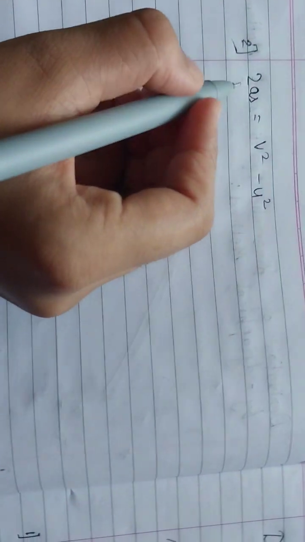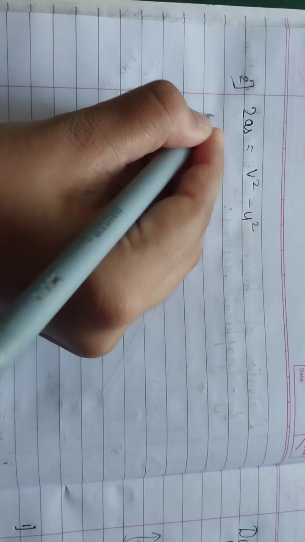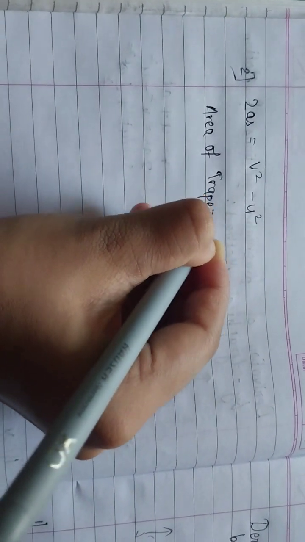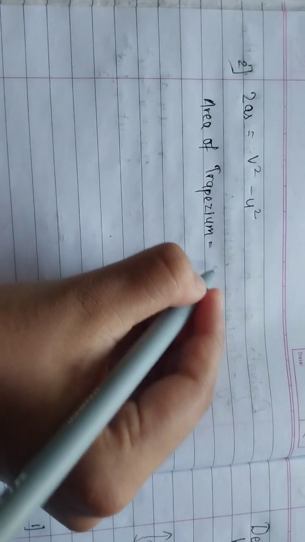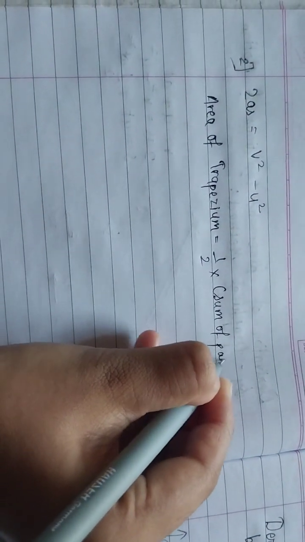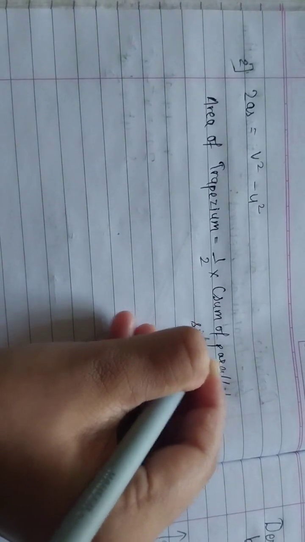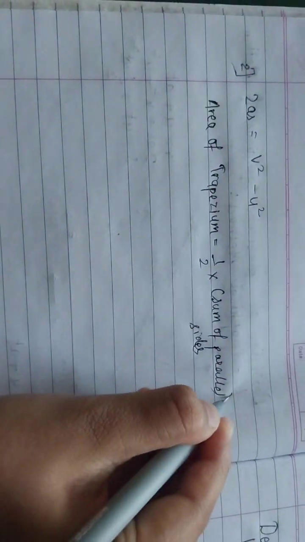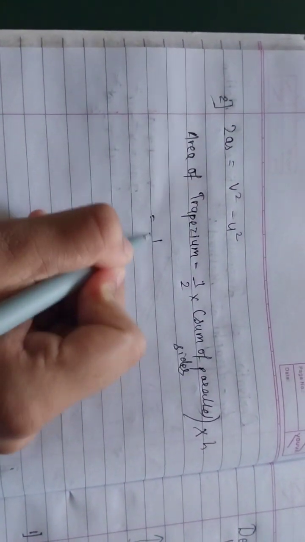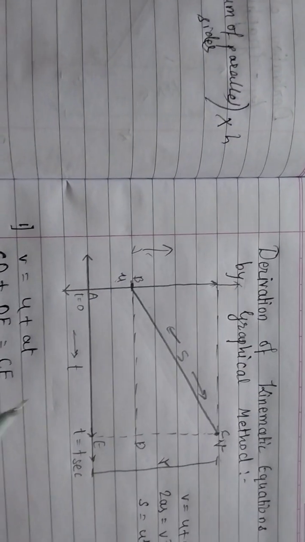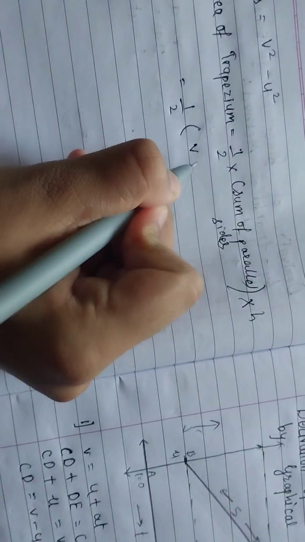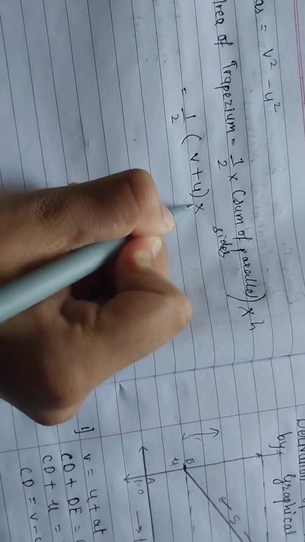So we can write area of trapezium is equal to half into sum of parallel sides into height. The parallel sides are u and v, so half into v plus u into h.